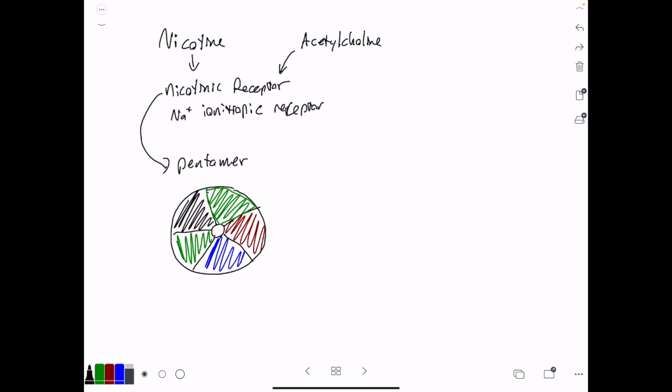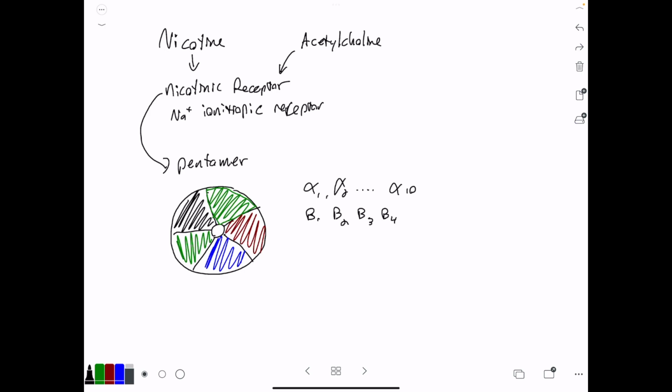There are a whole class of alpha 1 and alpha 2 all the way to alpha 10. And then we have a beta 1 and beta 2, and I think this goes all the way out to beta 4.